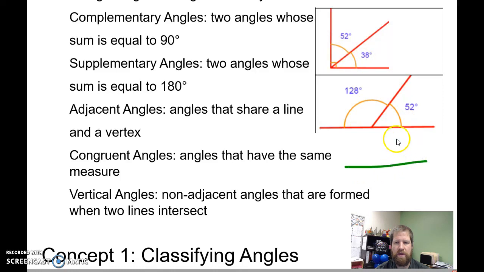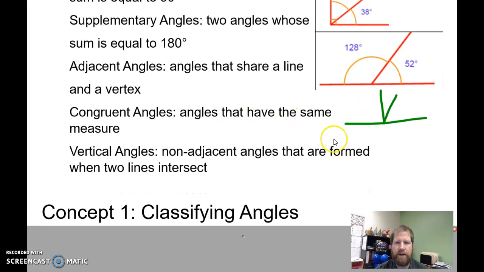If you have anything like this, this angle is adjacent to this angle, and this angle is adjacent to this angle. These two angles are not adjacent because while they share the same vertex, they don't share a line. So they have to share one line and one vertex.